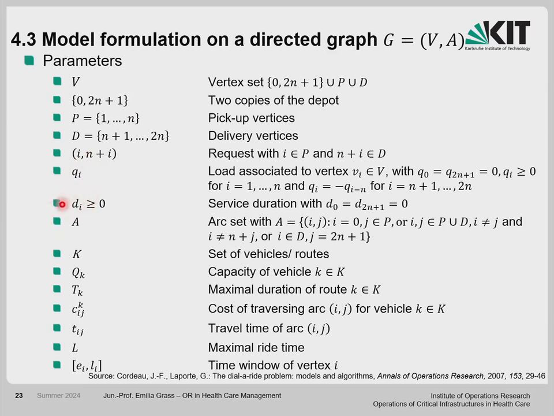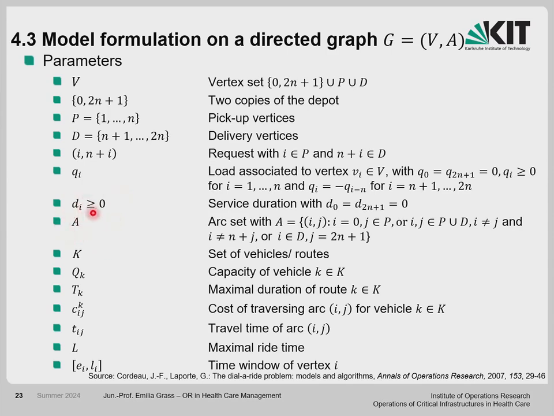So each ward, because i is the node, let's say the patients in intensive care units might require more time for loading than, for instance, oncology patients, because often they can walk by themselves. Just an example. So the service duration depends on the ward and the demand node where they have to be picked up.